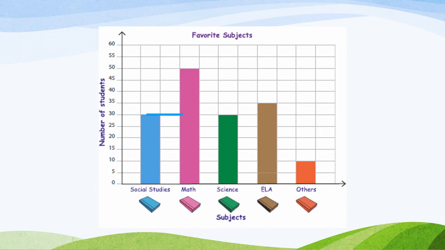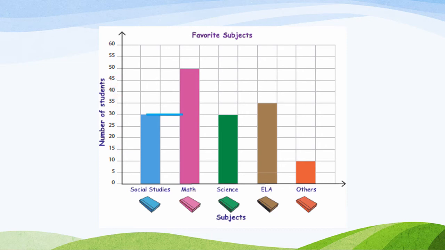Okay, so let's see how many more students like math than social studies. So now here we're not going to count by one because this is not one. It's not going one, it's going 30 and 35. So we're going by 5. Do you remember counting by 5? 5, 10, 15, 20, 25, 30, 35, 40, 45.